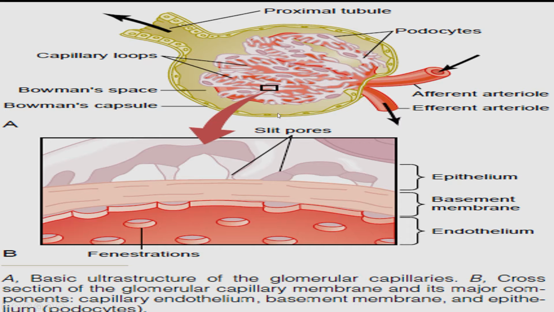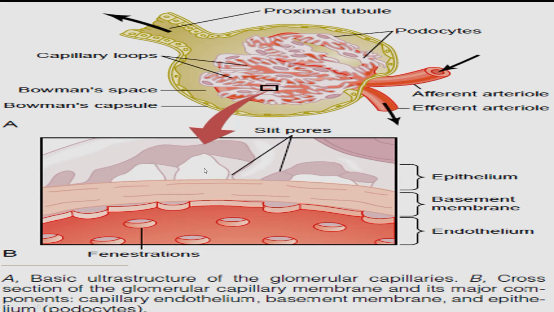The glomerular capillary membrane consists of capillary endothelium, capillary basement membrane, and capillary epithelium. The capillary endothelium is composed of fenestrae, and the capillary epithelium is composed of cells called podocytes.